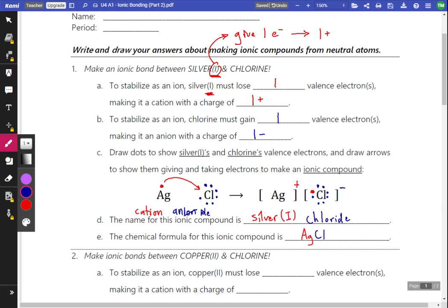So our formula is just going to be AgCl. Note that the Roman numeral is not in the formula. Now you might be saying, well, hold on. We needed to put it in the name so we could figure out how this thing bonded. If we don't have the Roman numeral in with silver here, how can I figure out what this substance would look like?